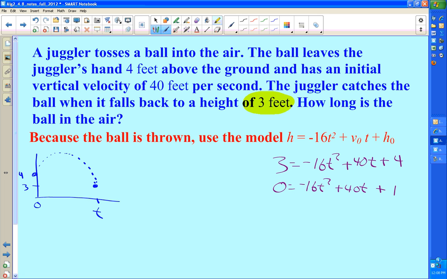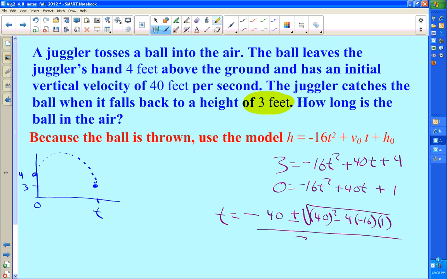We want to find out what t is, so we're going to use the quadratic formula. T is going to equal the opposite of 40, plus or minus the square root of 40 squared minus 4 times negative 16 times 1, all over 2 times negative 16.